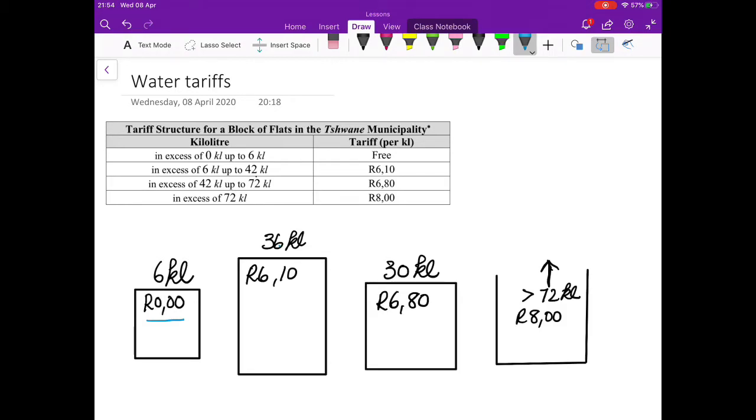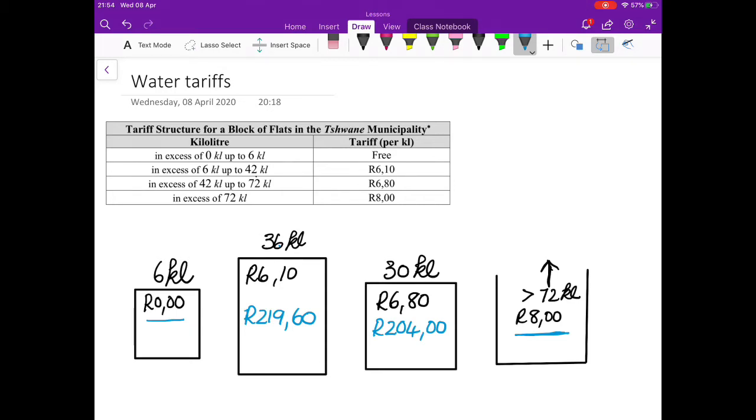If I use all 36 kiloliters in this bucket, it is going to cost me 219 Rand and 60 cents. If I use all 30 kiloliters in the following bucket, it is going to cost me 204 Rand just for that amount of water. And obviously here we can't do a calculation because we don't know how many liters of water is going to be used over there.